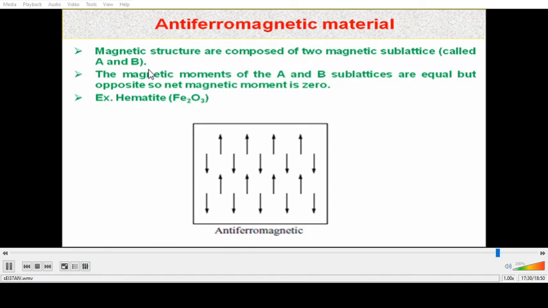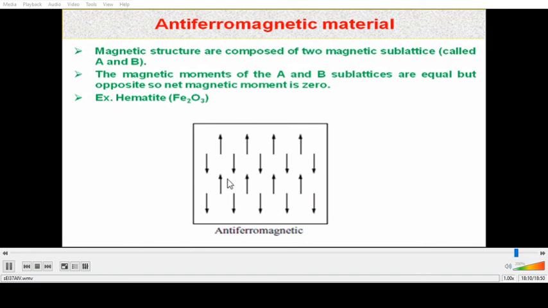The magnitude of magnetic moment is equal in antiferromagnetic material. So the magnetic moment of A sublattice and the magnetic moment of B sublattice are equal and opposite, hence cancel out each other, resulting in zero net magnetization. One example of antiferromagnetic materials is hematite. The chemical formula is Fe2O3.